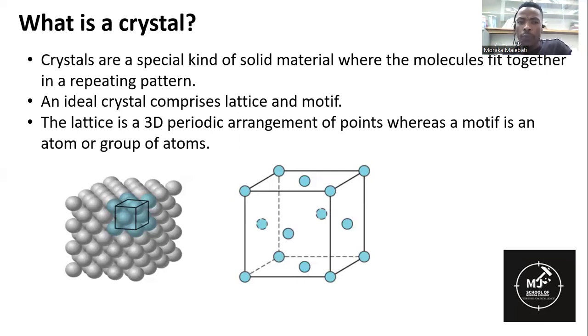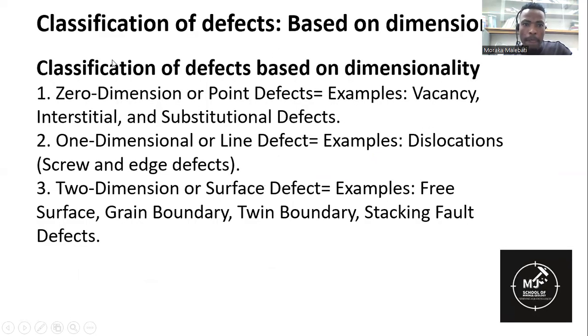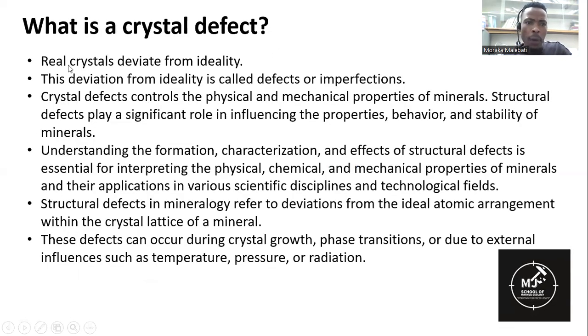The lattice is a 3D periodic arrangement of points, and a motif is just an atom or group of atoms. So you need the understanding of what exactly is the crystal.